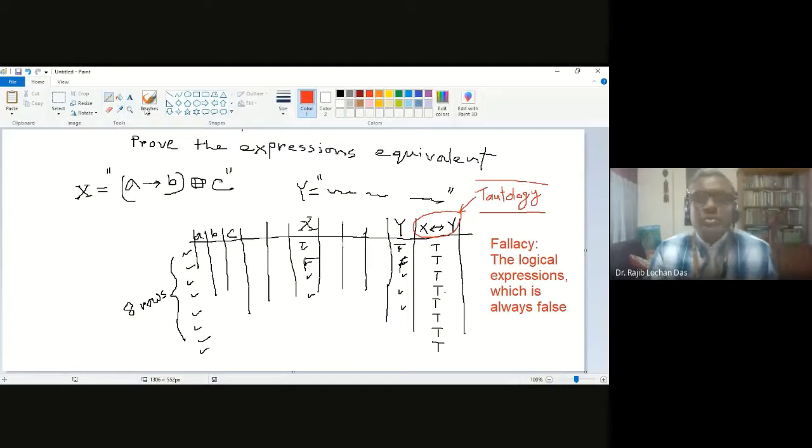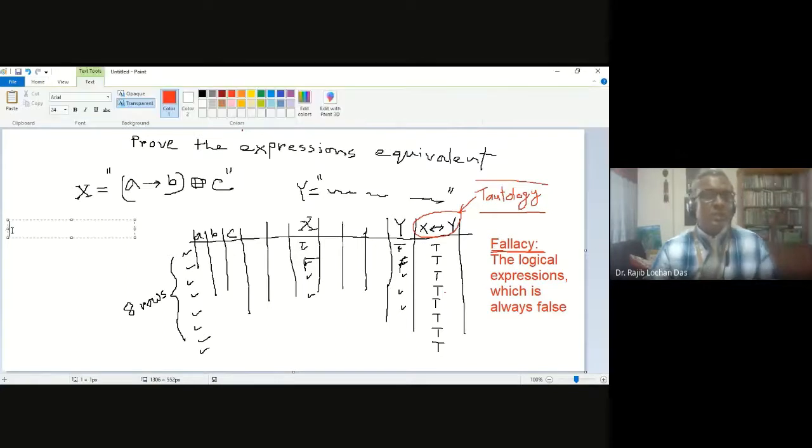Tautology is one term which is always true. Fallacy is another term which is always false. We are not talking about fallacy right now. We are talking about tautology. That means x double implication y will be a tautology.